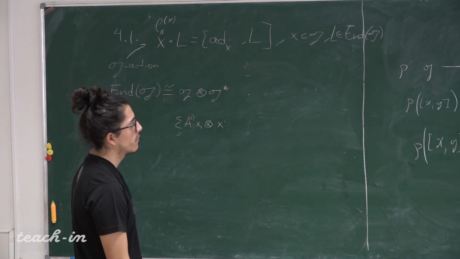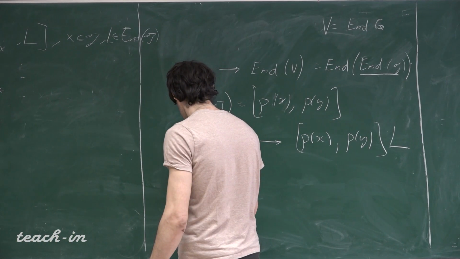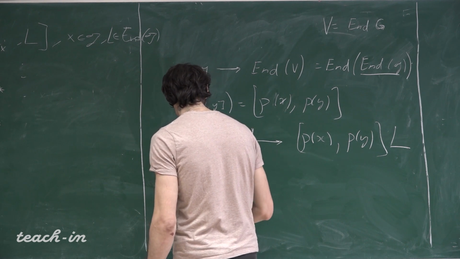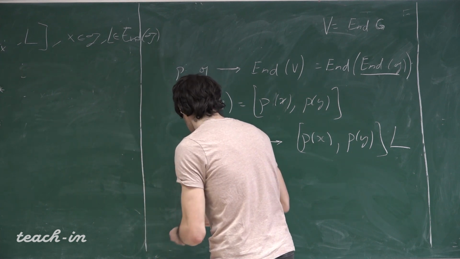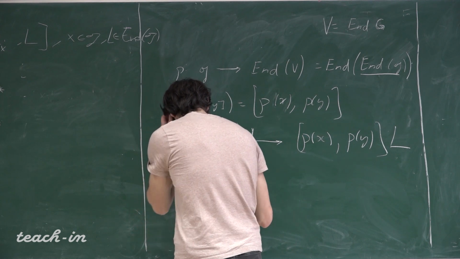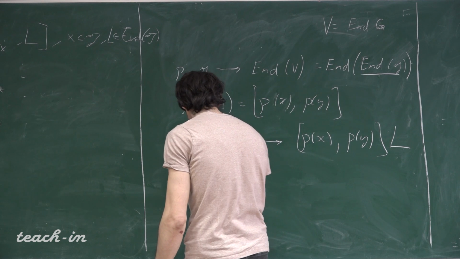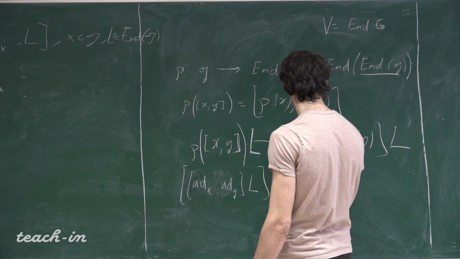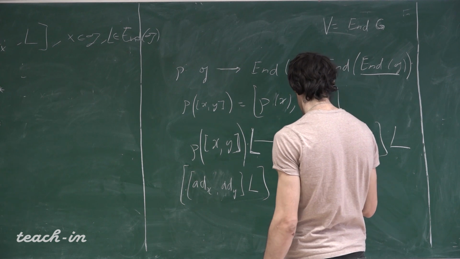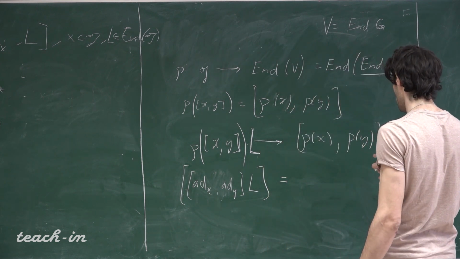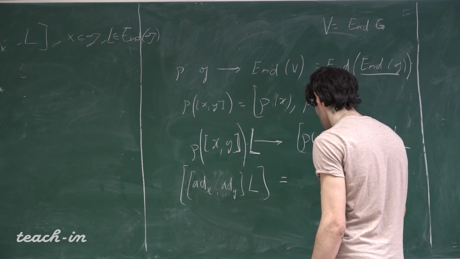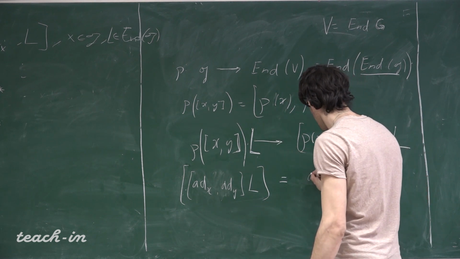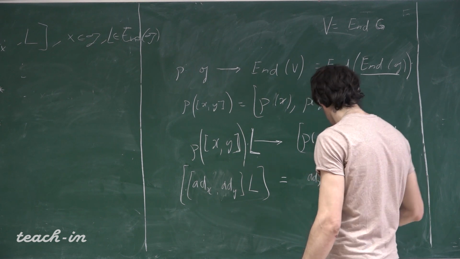So this applied to L is the same as this applied to L. So it's almost the same as you wrote there, but you have the bracket of x, y, and then so you have ad x applied to L, and then ad y. Ad x, then ad y applied to L.